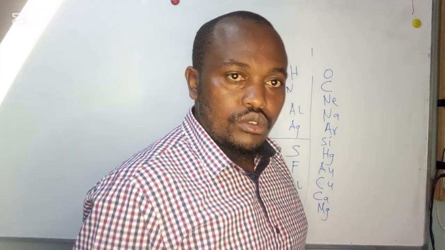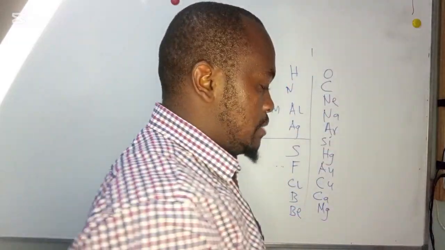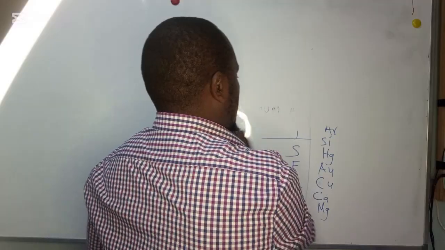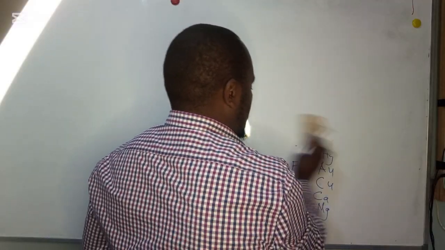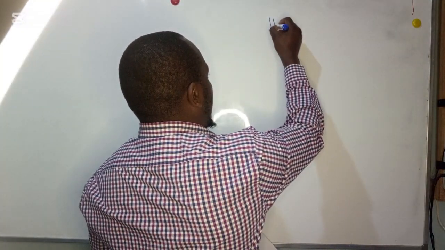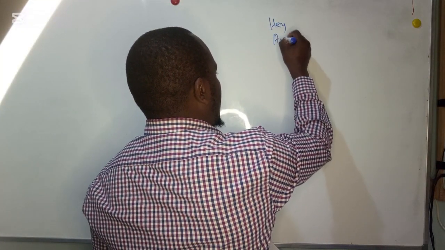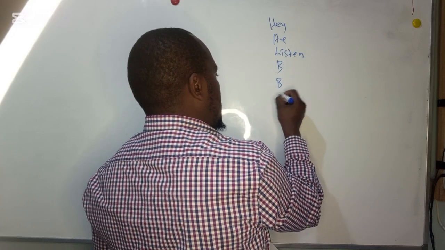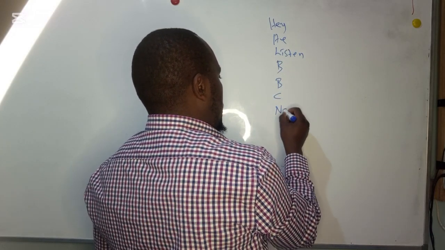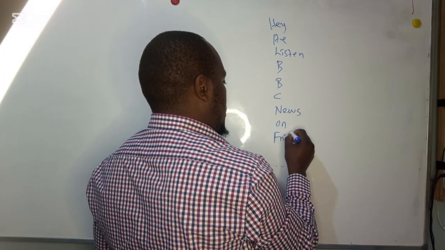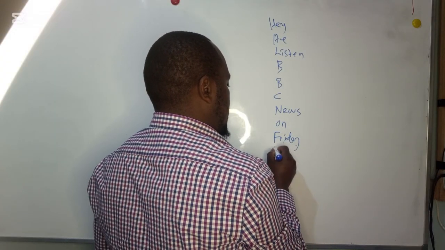Do you know how to order these elements in terms of their appearance on the periodic table? So let me also give you a hint. For the first 20 elements, there's a song we used to say when you were in school, and it used to go, hey, he, listen, BBC News on Friday night.